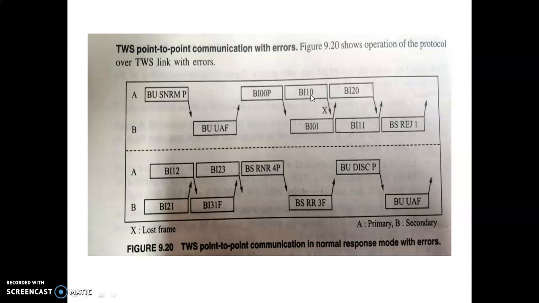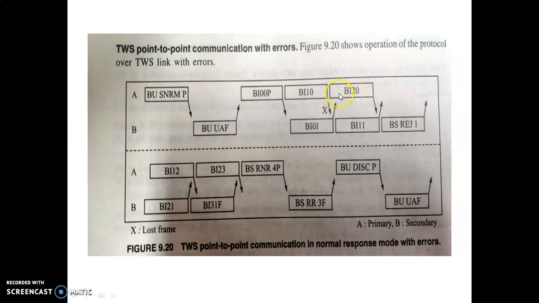Now why do you think there is 0 over here? Because this fellow had sent I0, but just see the timing. This I2 was sent some milliseconds before complete reception of this frame, that's why it is 0 over here.